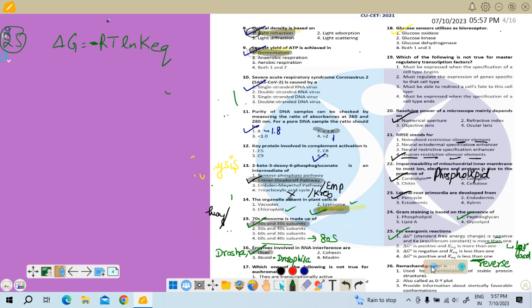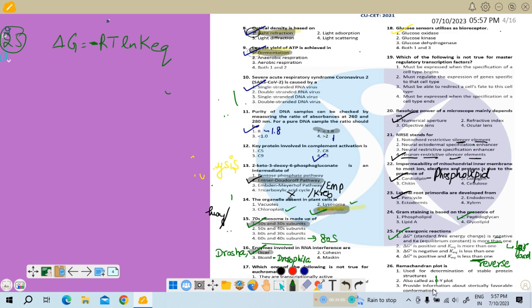Then we have next question, 26th. Ramachandran plot is first used for determination of stable protein structures, also called phi plot.